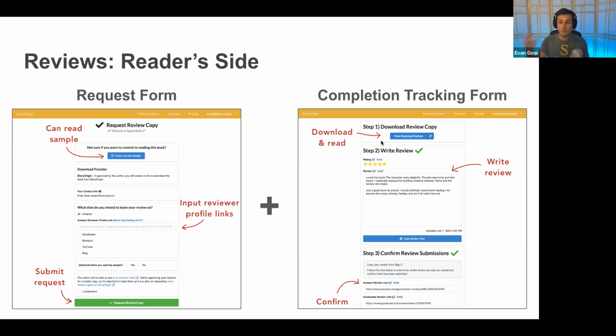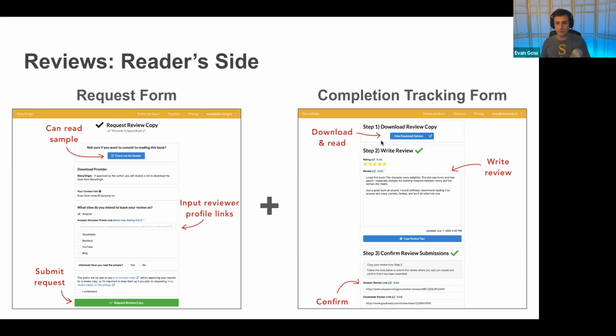Now, if you say you intend to leave a review and I give you the book, and there's no way for me to legally enforce that action, then I'm not requiring you to leave a review. It's just, hey, you said you would leave a review. Here's the book. And if you do or don't, that is what it is. I can't require you to leave a review. If I give you the book and you don't leave a review, that is certainly a possibility and it happens, right?